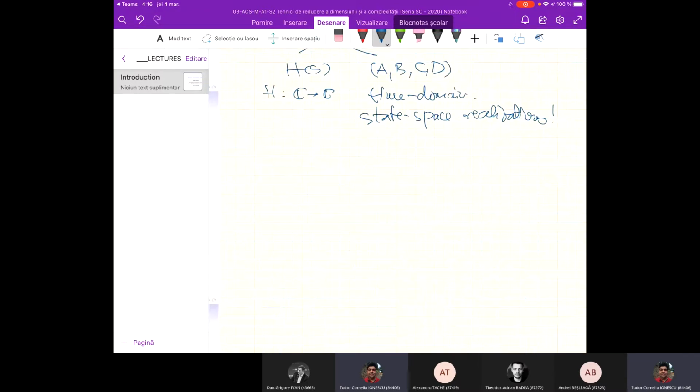So us people in systems and control theory, we need mathematical models. This is a lecture about mathematical models and how we can approximate complex mathematical models with simple mathematical models. This is the idea of this class. Simple mathematical models, easy to manipulate, okay, for analysis, for simulation, and for control.